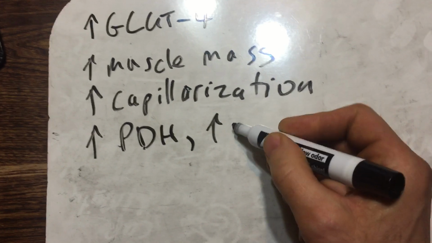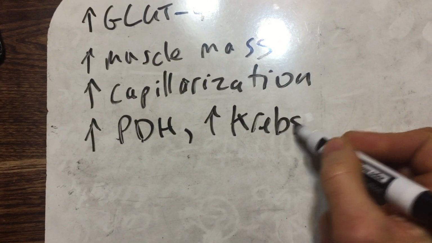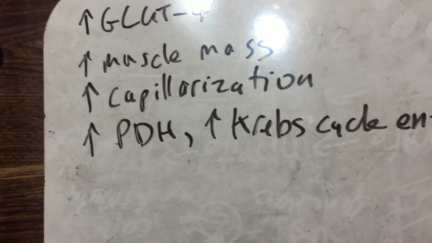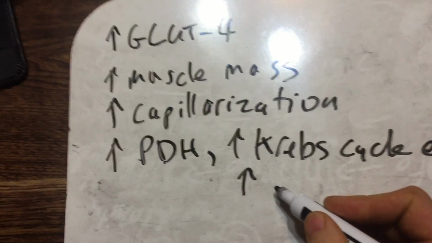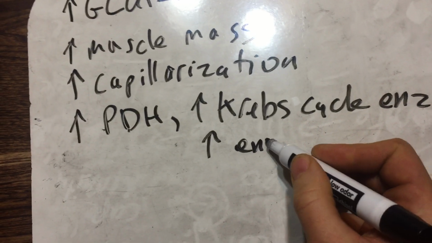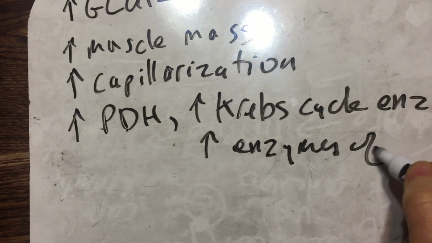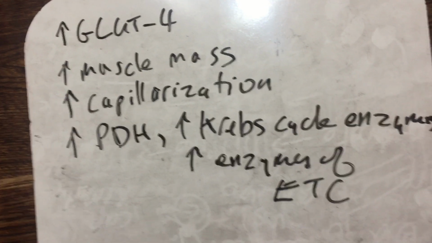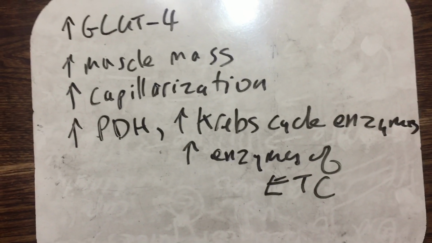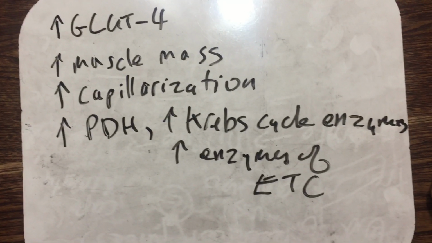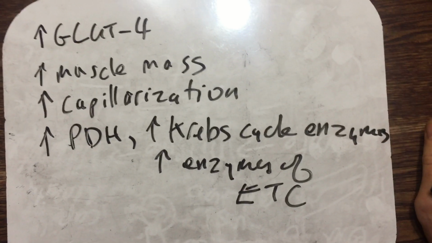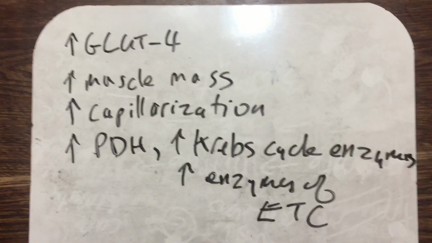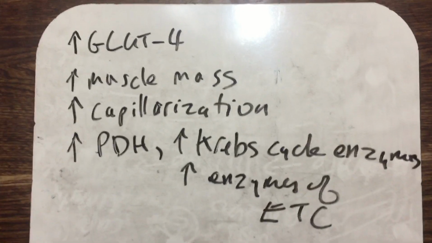You can say increase in Krebs cycle enzymes. Or you can say increase in enzymes of the electron transport chain. I'm just going to put ETC for the short form of electron transport chain. So theoretically, any of those changes would help you clear glucose from the blood and lower your blood glucose levels and alleviate type 2 diabetes.